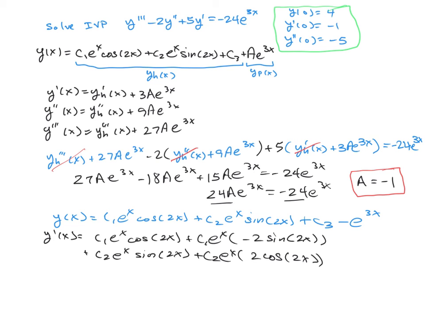Then we have our last terms back here. The derivative of the constant c3 is 0, and the derivative of the final term is minus 3 e to the 3x.